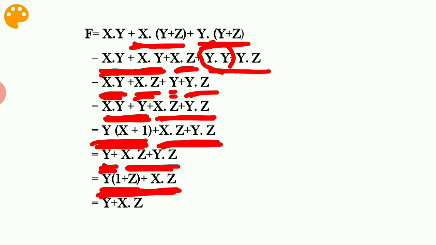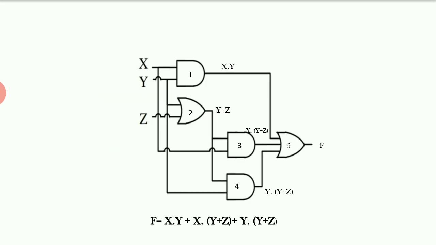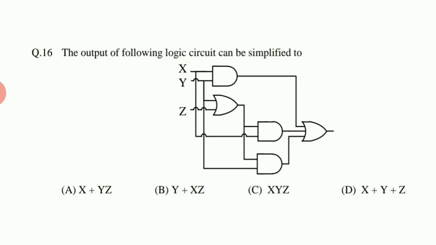The first term will be Y into 1, which can be taken as Y itself. So this step can be simplified as Y plus X into Z. So this is the simplified function in our hand. If we look at the options, option B is Y plus X into Z. So that is the correct answer.